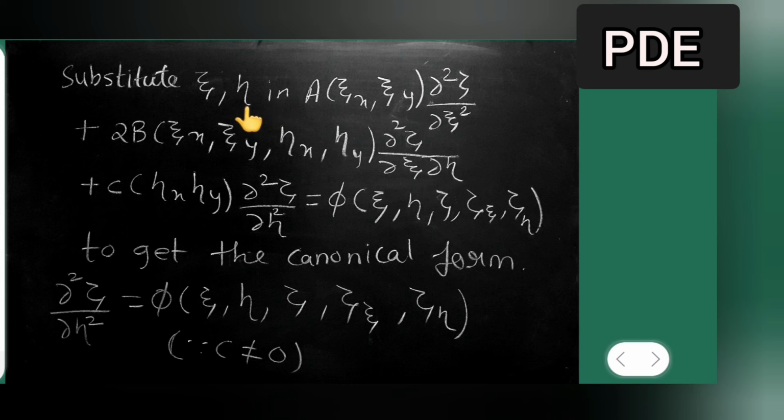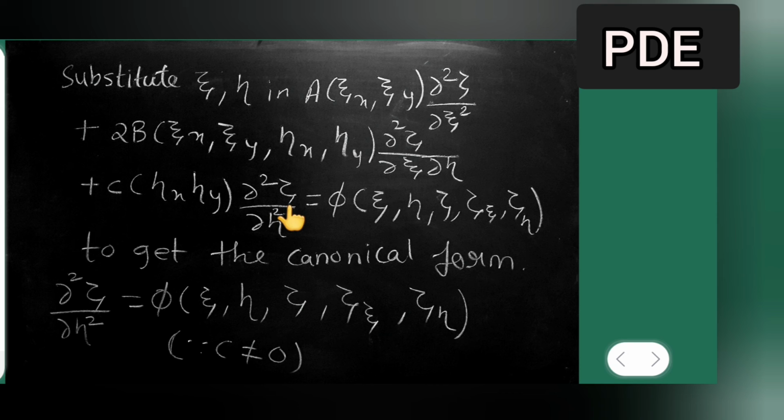Substitute this xi and eta in this entire equation. You will have to substitute this, okay. Since the value of a and b is taken to be 0, there is only c which is not equal to 0, right?